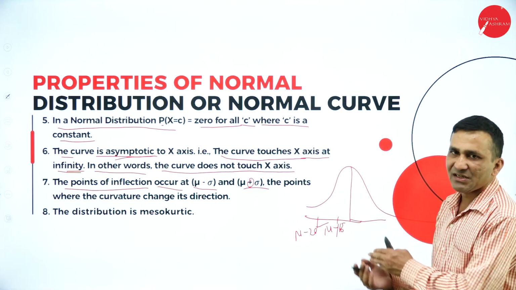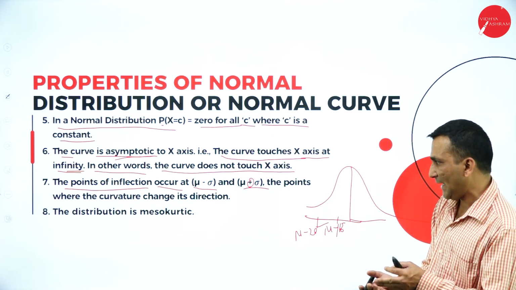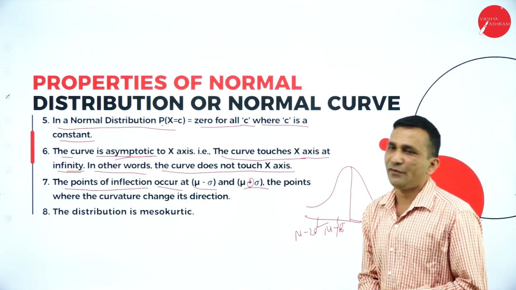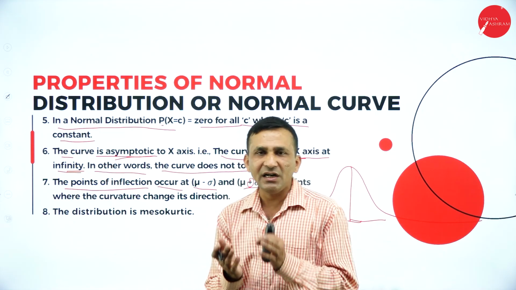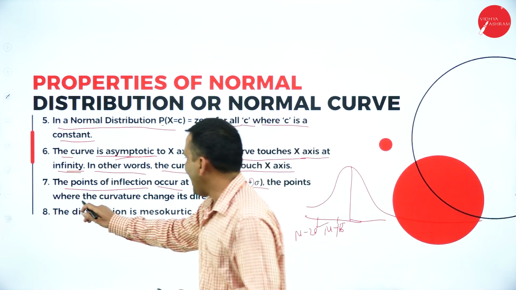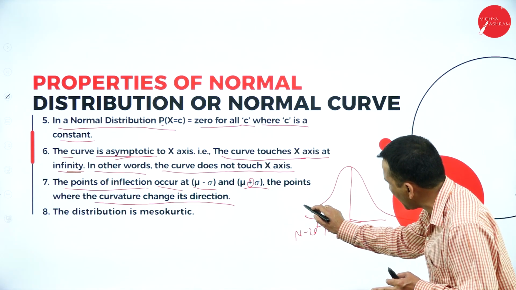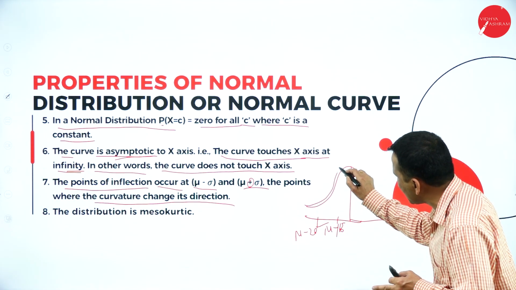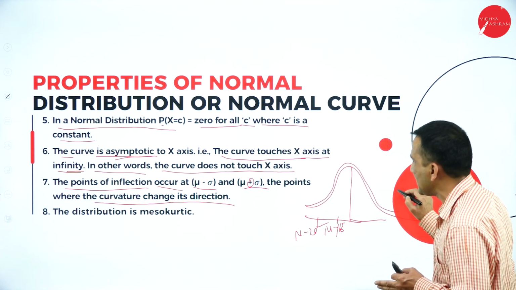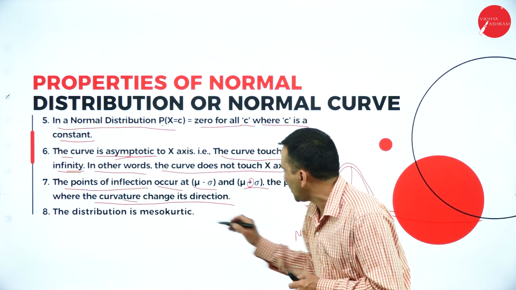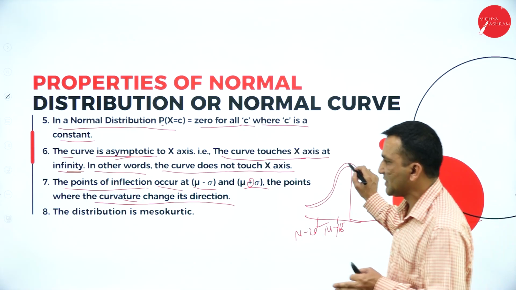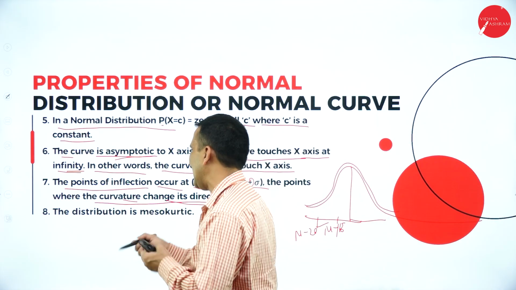If you see the next graph, you will get more clarity on how much area is covered. The point of inflection is where the curvature changes its direction. See, the curve goes like this and then again goes like this; that is the curvature of the bell-shaped graph, changing its direction.